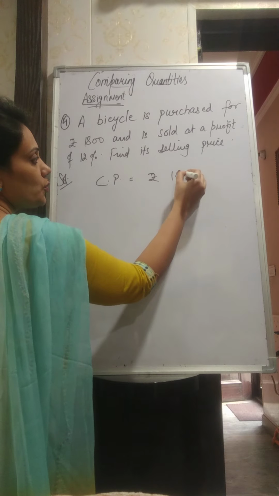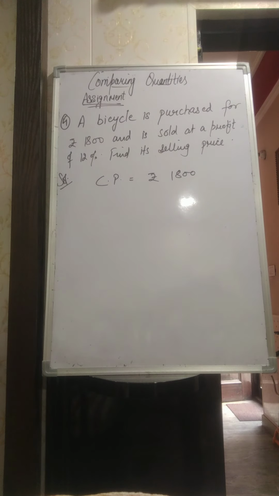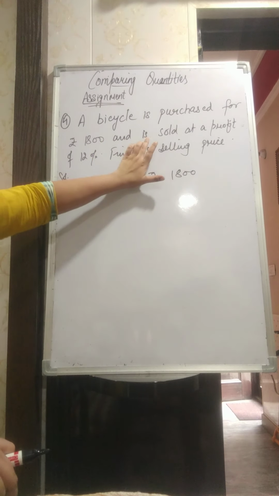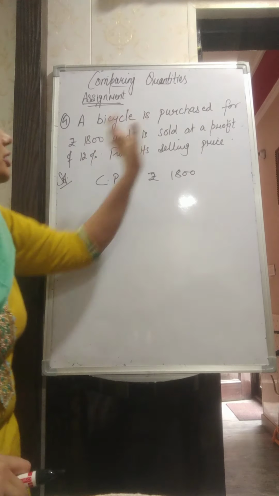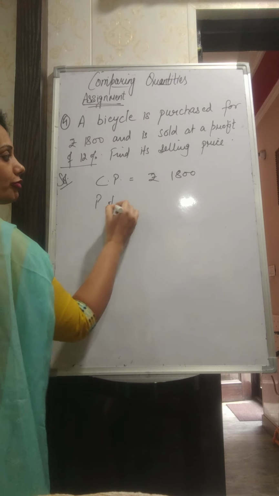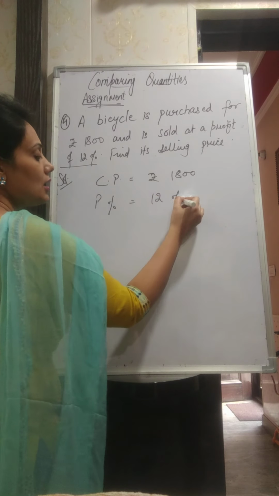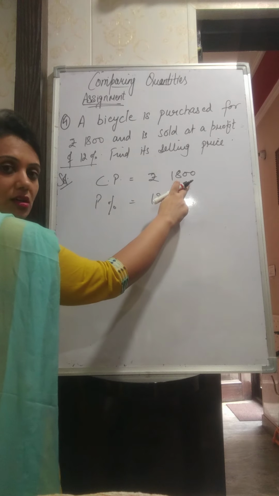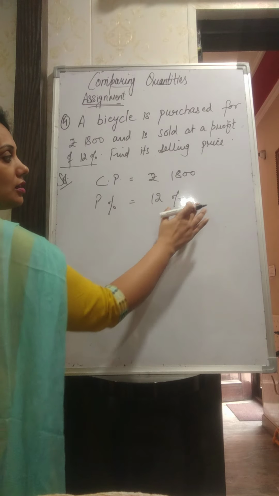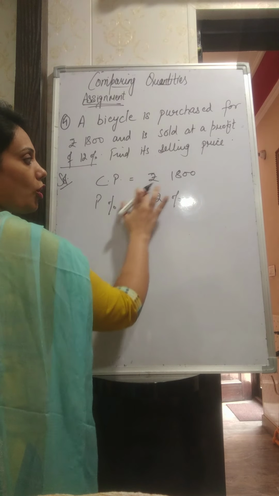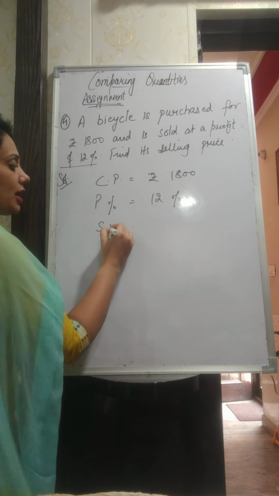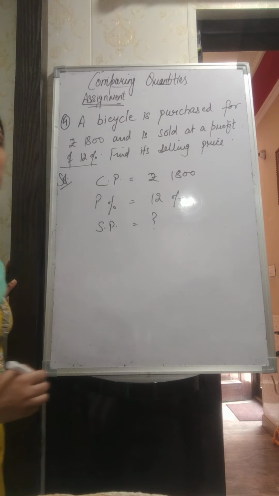The cost price is rupees 1800, and it is sold at a profit of 12%. This is the profit percent. Means a person purchased a bicycle for rupees 1800, then he sold that bicycle at a profit of 12%. We have to find the selling price.